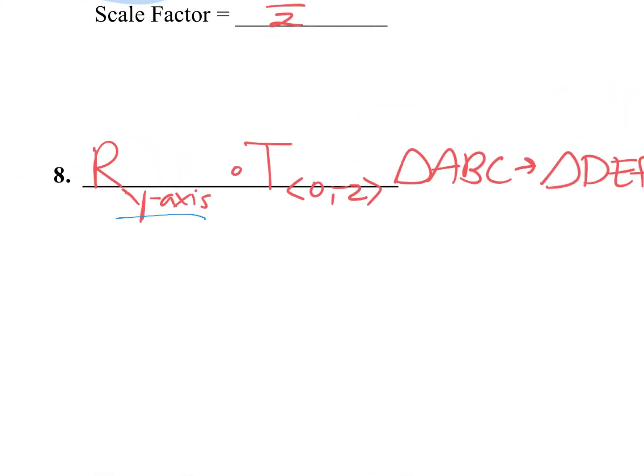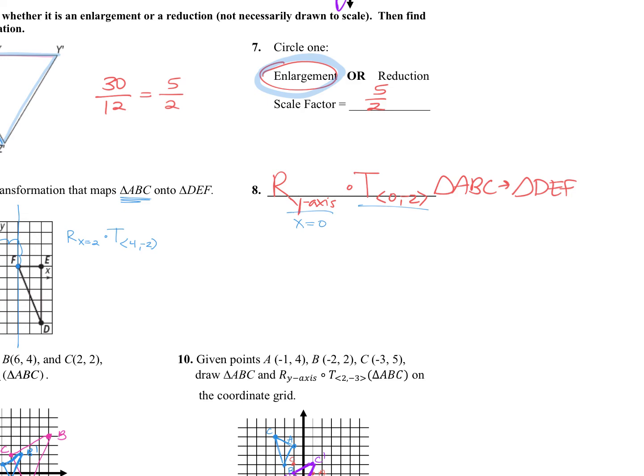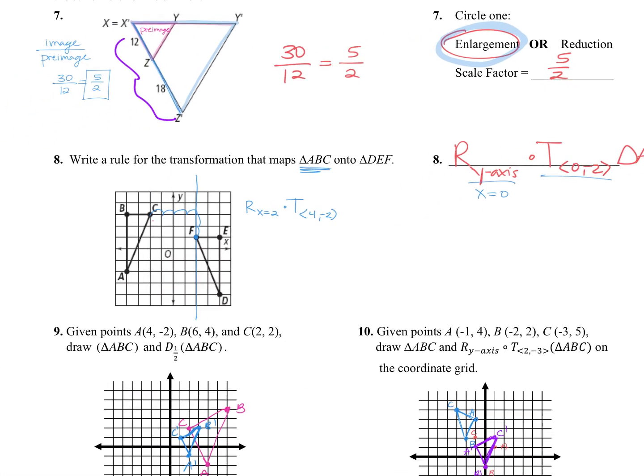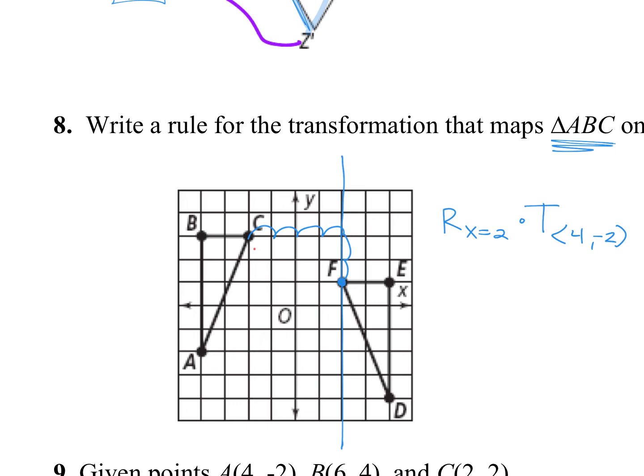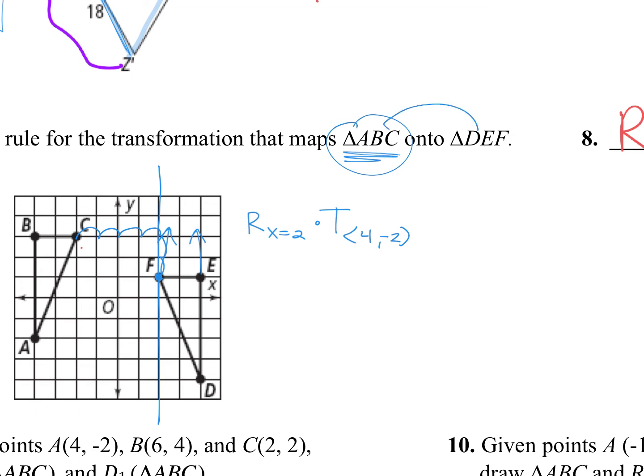I said the y-axis, but you can also say x equals 0 and then just slide down 2 units. So both of those are correct. I don't care which one you do. It is not correct to do what some of you were trying to say, which is move this one up, right? Because it asks you to map ABC onto DEF. So pay attention to that, okay?